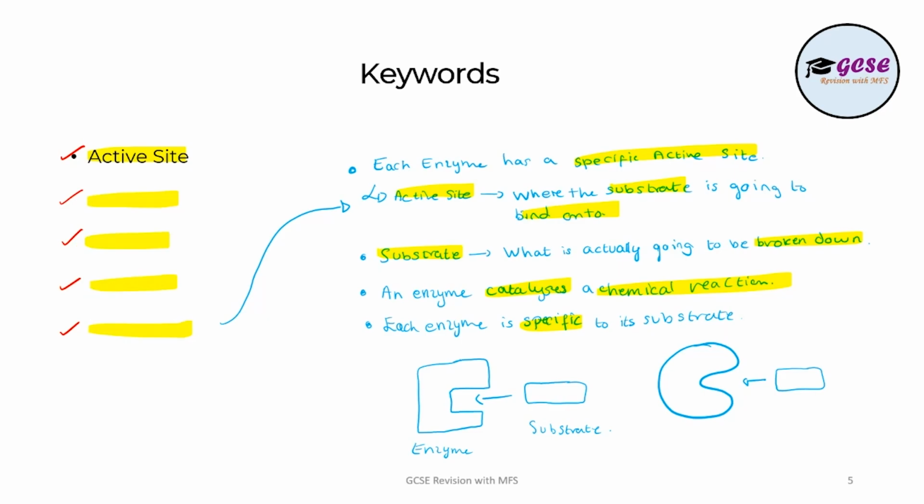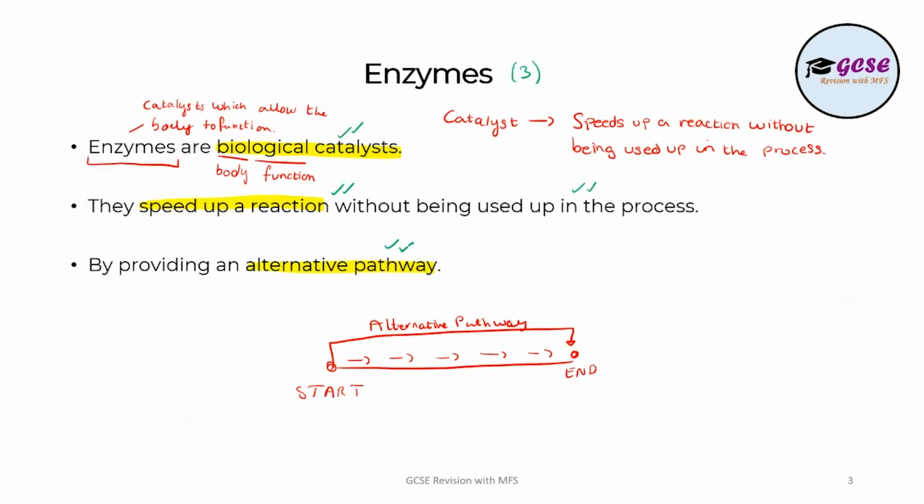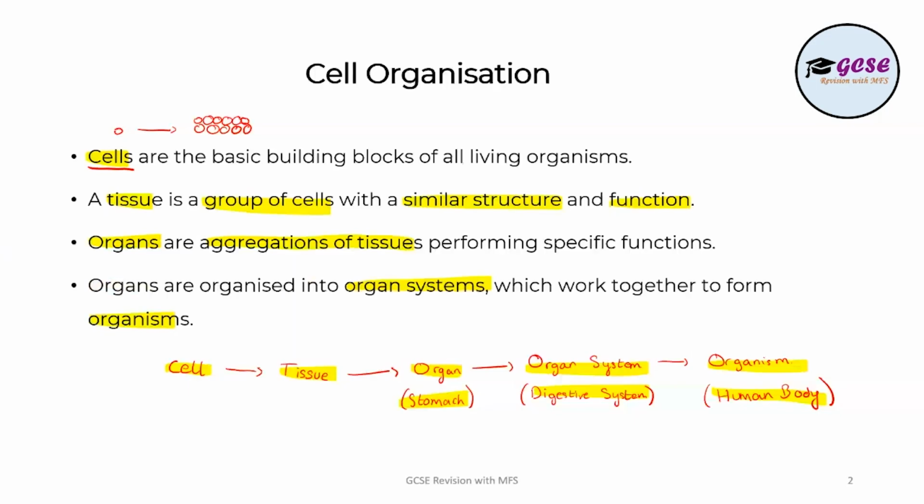So if we look at what we've looked at in today's lesson, we have looked at cell organization. We saw the building blocks of the human body. So we start off from a normal cell.